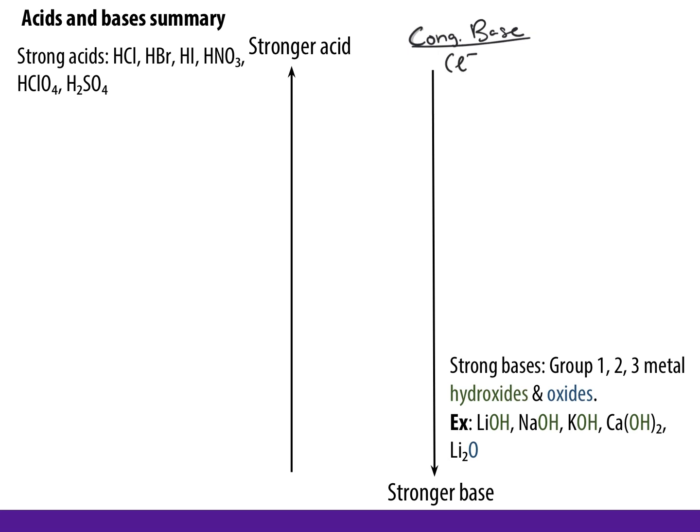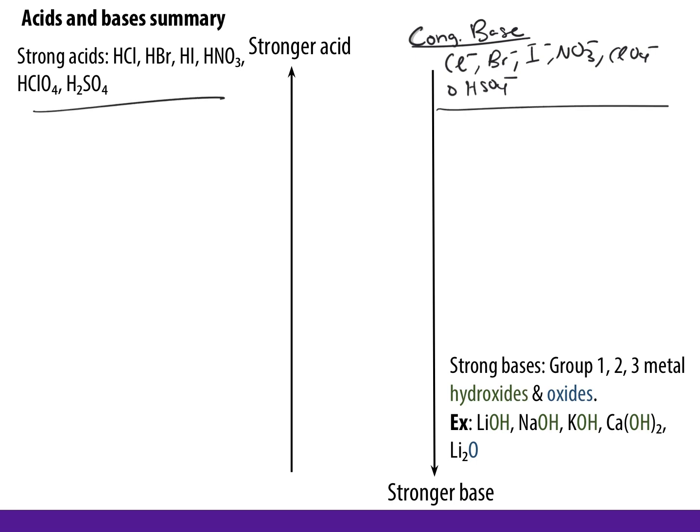So the conjugate bases are Cl minus, Br minus, I minus, NO3 minus, ClO4 minus, and HSO4 minus. These are the conjugate bases of our strong acids, and remember the way this chart works is that the stronger the acid is over here, the weaker the conjugate base. That's one of our key concepts in this part of the class.